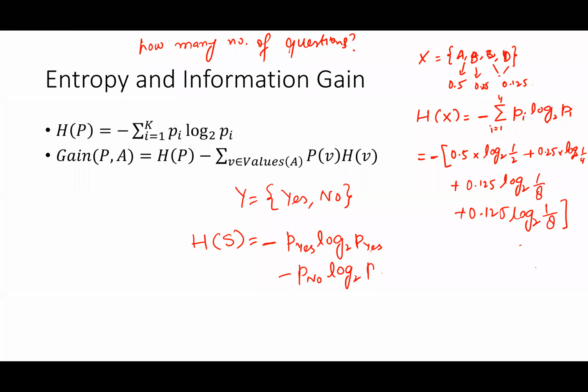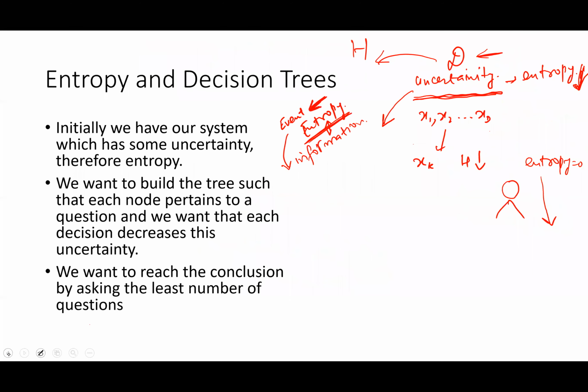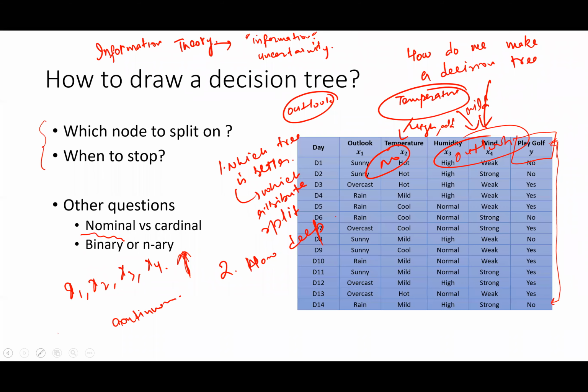Fine. Now if I go a few slides back where I had introduced that table, you can see here, if I have to find the probability of yes, I have to count the number of yes: 1, 2, 3, 4, 5, 6, 7, 8 and 9. So it is 9 divided by the total number, which is 14. So 9 by 14, and the probability of no is then 5 over 14.